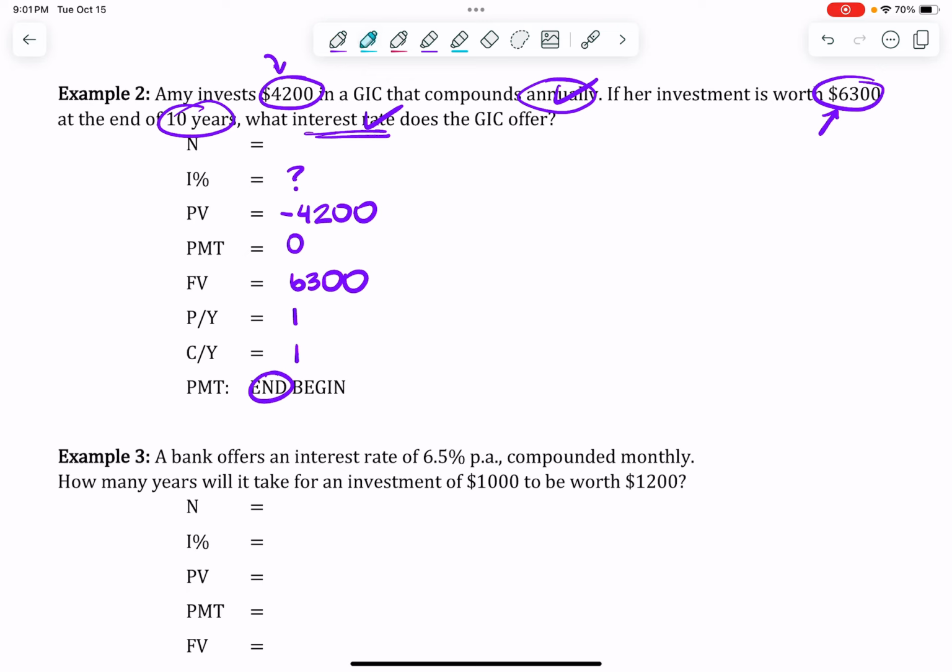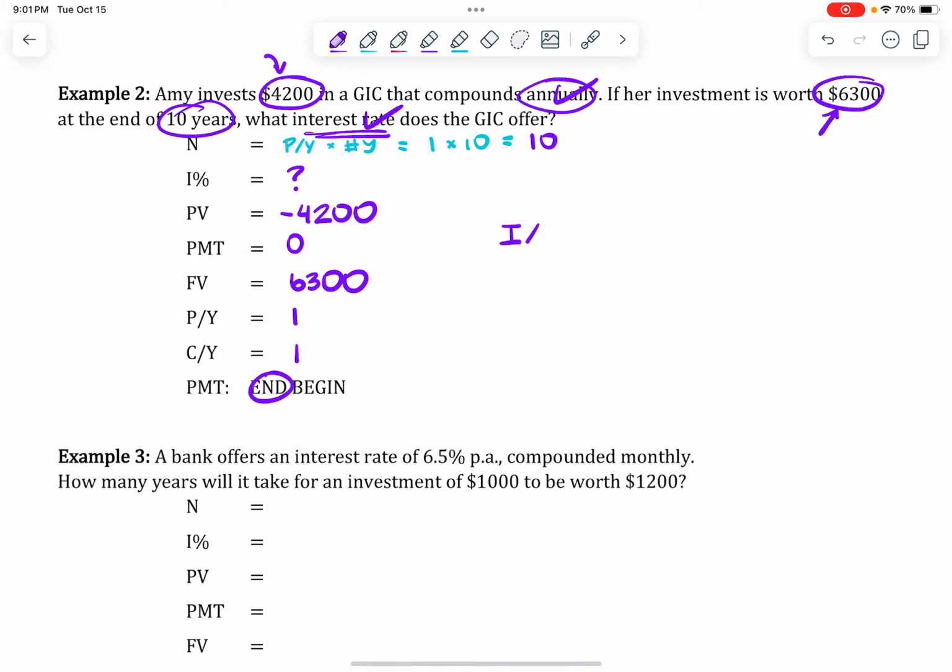And remember, to calculate N, we had payments per year times the number of years. In this case, we know the payment per year is 1. We've already plugged that in. Our number of years in this question is 10. So the N value is 10. Now go ahead and plug that in. See what you get.